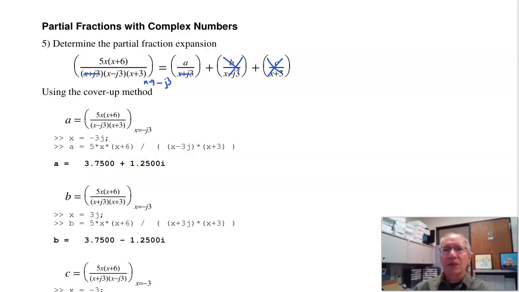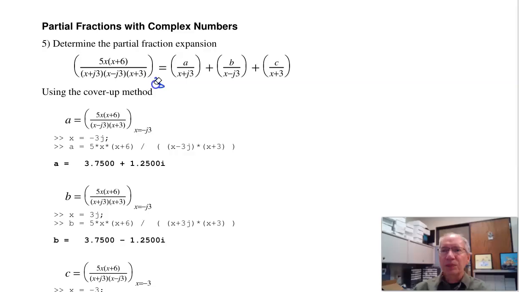So that's A. To find out what B is, I'll again use the cover-up method. I'll cover up this term, evaluate at plus j3. So x is plus j3, evaluate everything else. I get 3.75 minus j1.25.